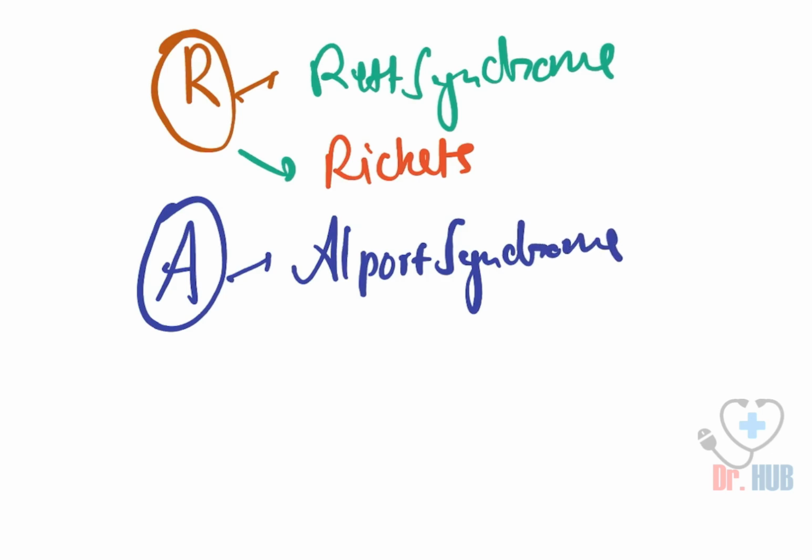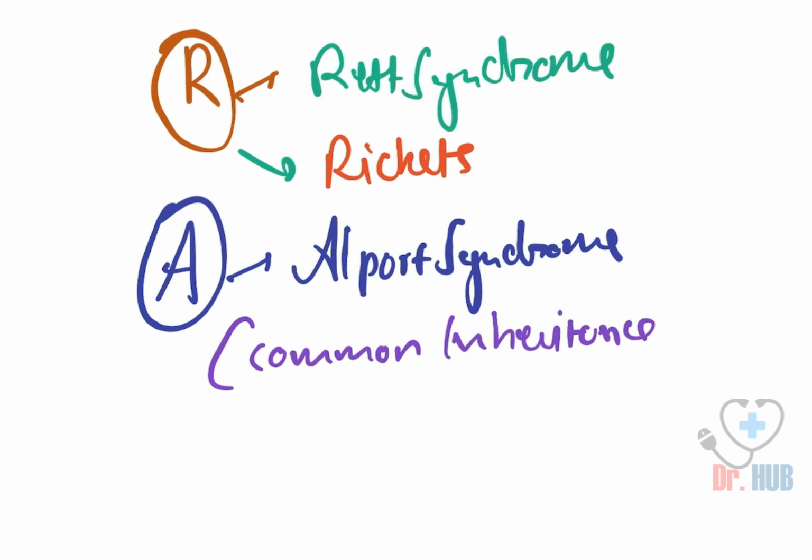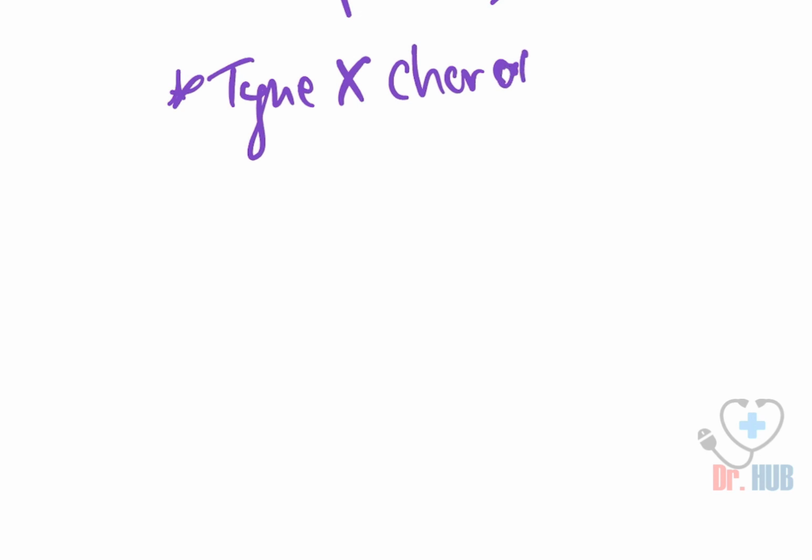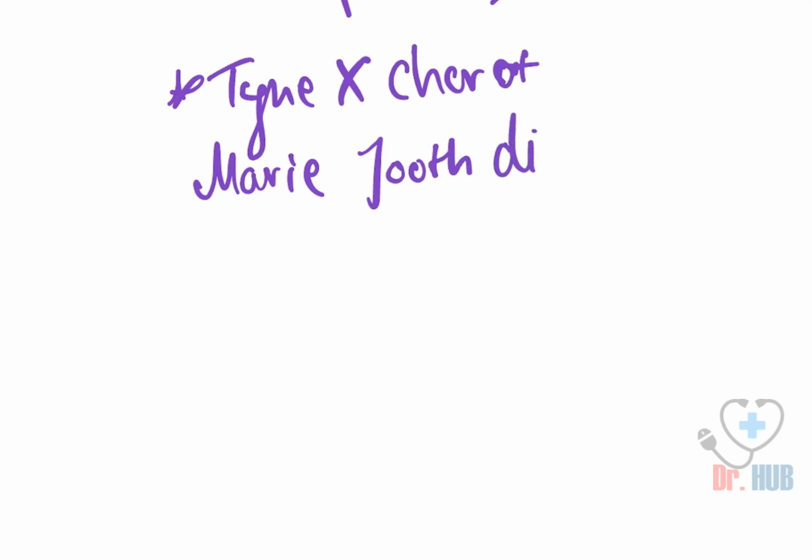So it has a common inheritance pattern. Lastly, there is C for the type X Charcot-Marie-Tooth disease.